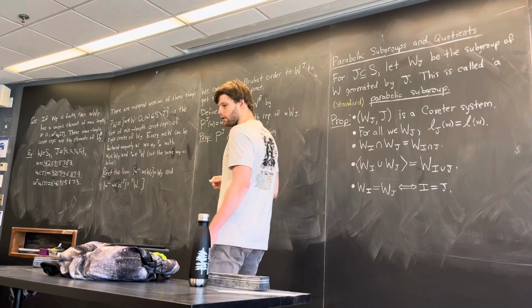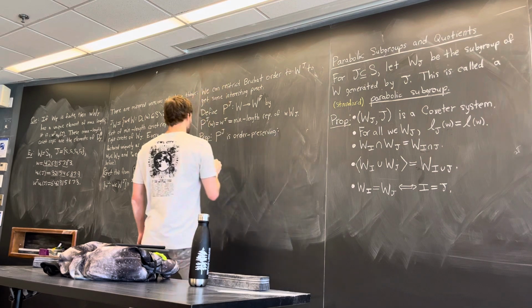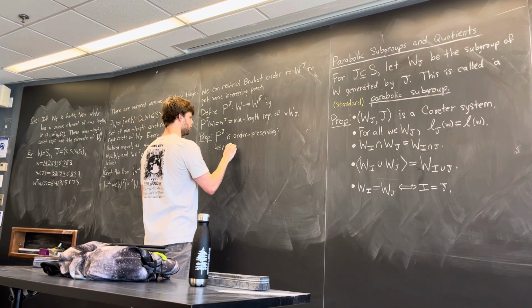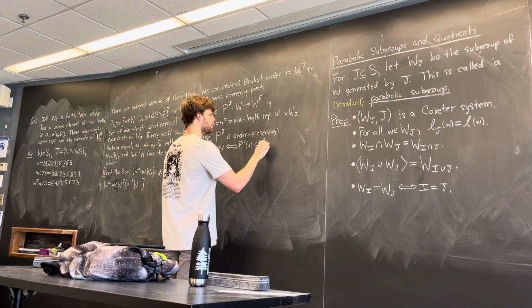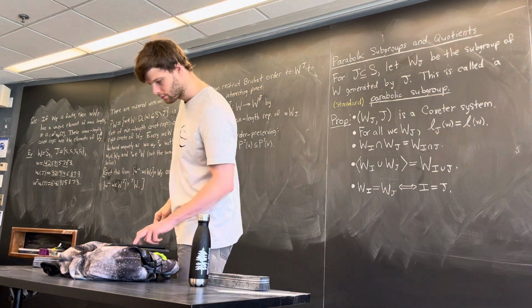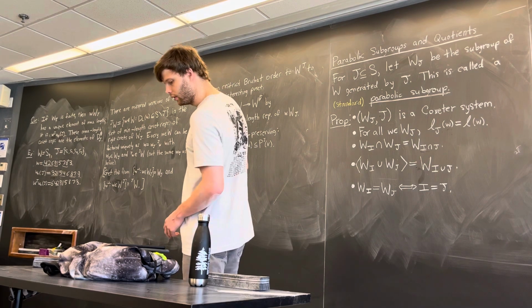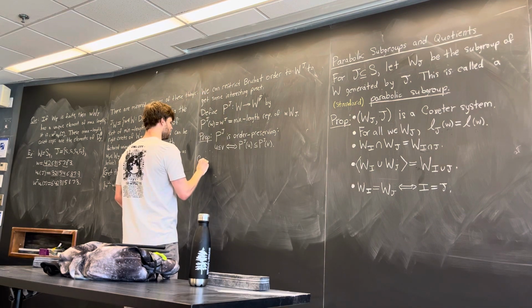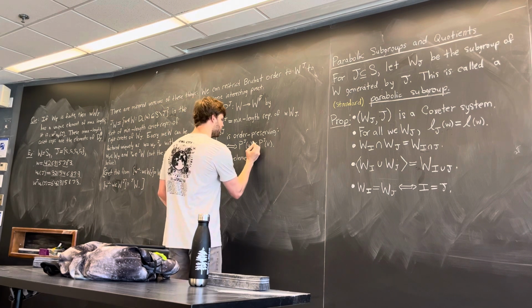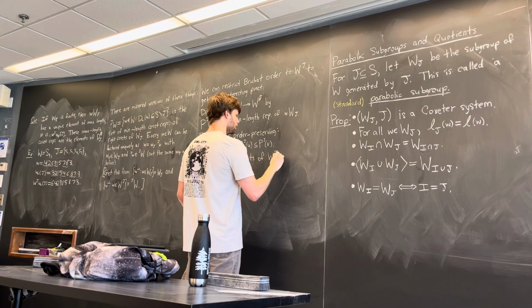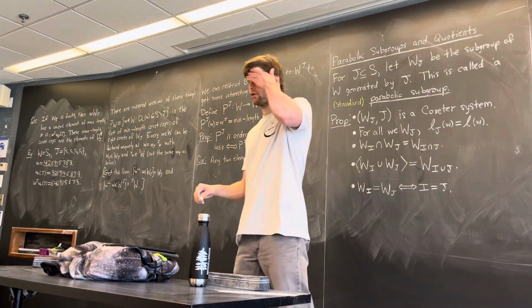And all this means is that U is less than or equal to V if and only if Pj of U is less than or equal to Pj of V. And a corollary of this is that any two elements of this parabolic quotient have an upper bound under the Bruhat order.